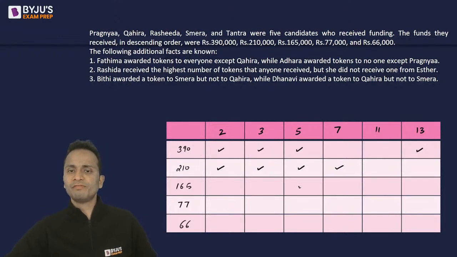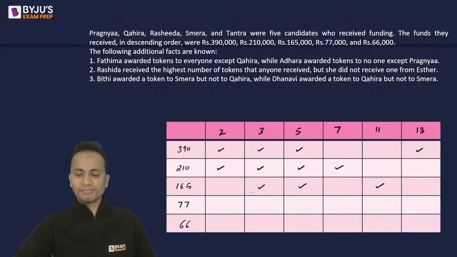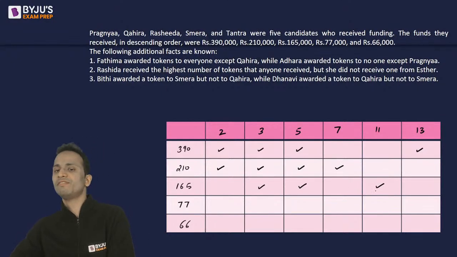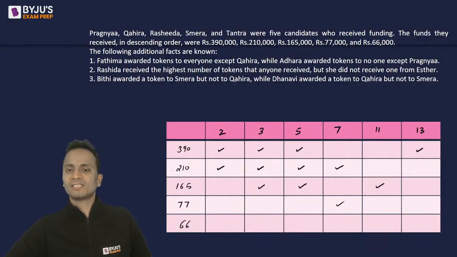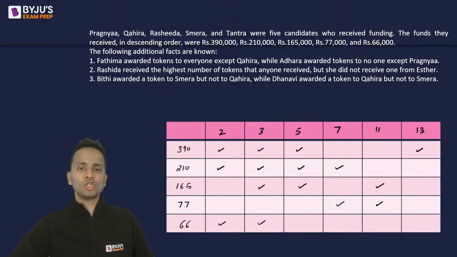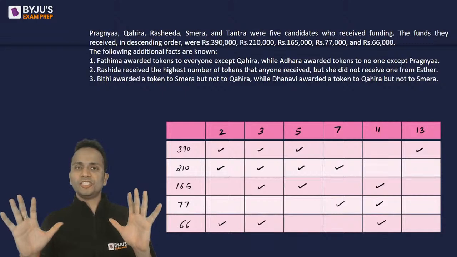First of all, it will be 5. If I take 5 common, I'll get 33. 33 is 3 into 11. So 165 will be 3 into 5 into 11. Then 77 is very simple. It is 7 into 11. And then 66, once again, it is 6 into 11, that is 2 into 3 into 11. Right? So I have done the factorization.